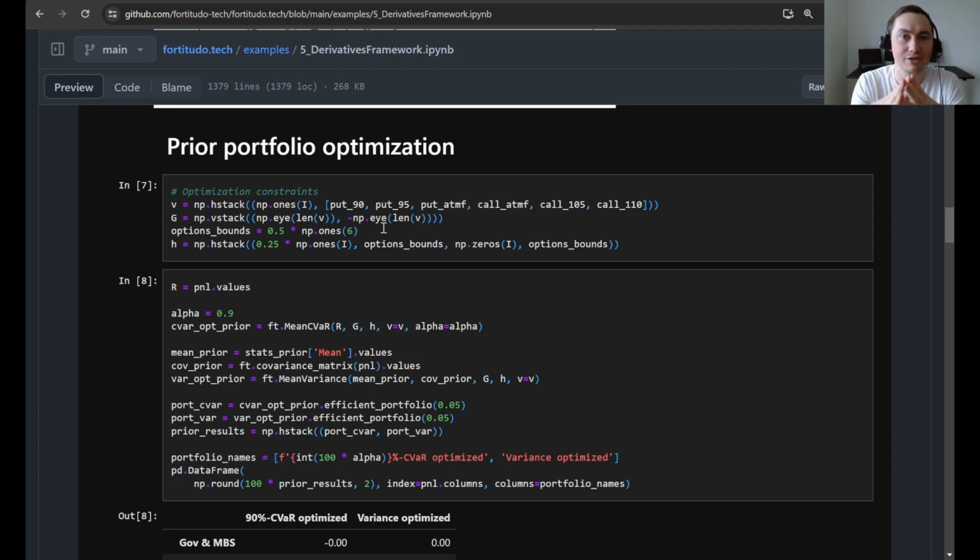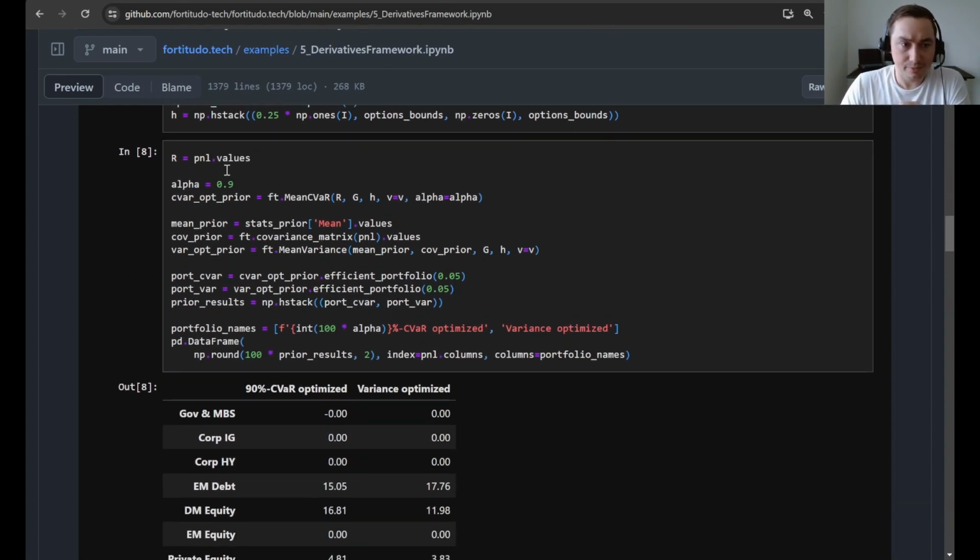For the cash instruments we say that it can only be long only, and then we have an upper bound of 25% on each of them. For the derivatives, we allow to both be long and short with up to 50% of the portfolio value in the notional of each options contract.